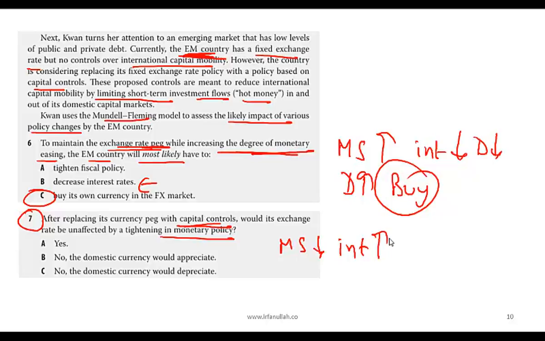If interest rates are going up, then the currency or the exchange rate will actually go up. Maybe not by a huge amount, but it will go up. So the exchange rate is not unaffected. The domestic currency, as we saw here, would appreciate. So the best answer is B.